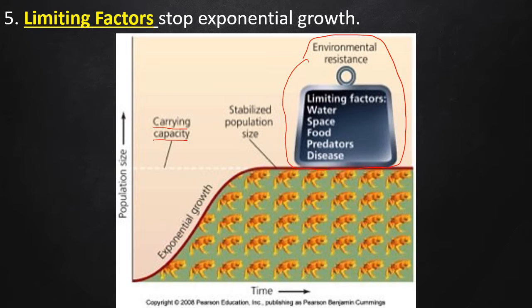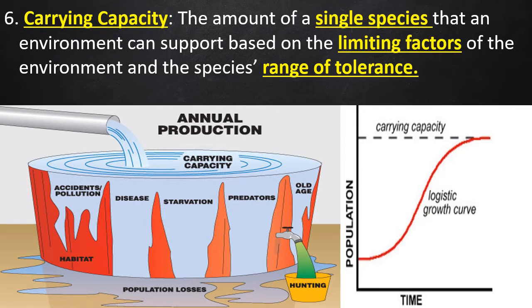A lack of water, space, food, increased predators, increased disease could all cause the death rate to be higher than the birth rate, causing the population to level off at the carrying capacity. So before carrying capacity, birth rates are higher than death rates, and then at carrying capacity, death rates are higher than birth rates. Being at carrying capacity is not fun.